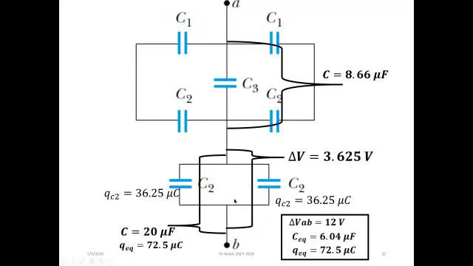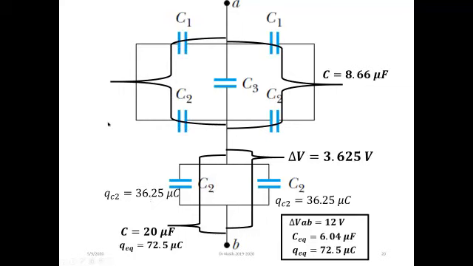We can find this charge as well from the total charge on this part, which was 72.5. They are in parallel, and the amounts of C2 are equal. This is 10, this is 10 as well, so the charge on each will be half of this amount, which means 36.25.